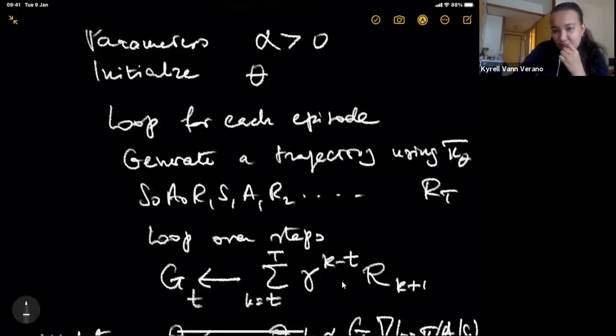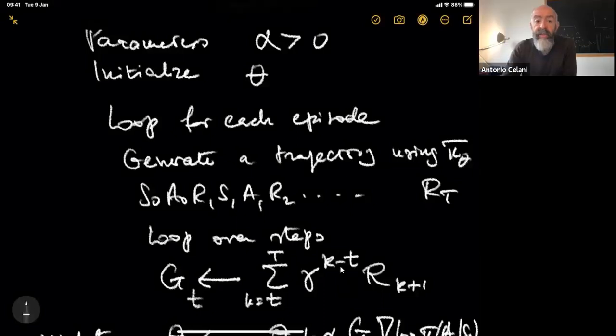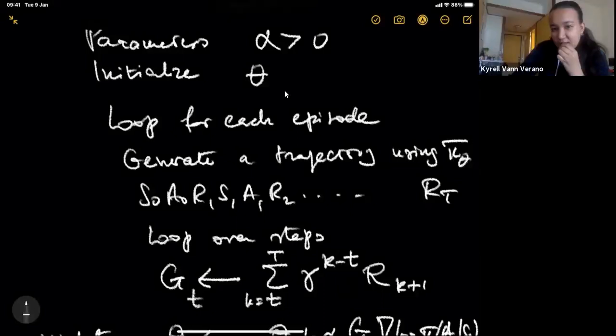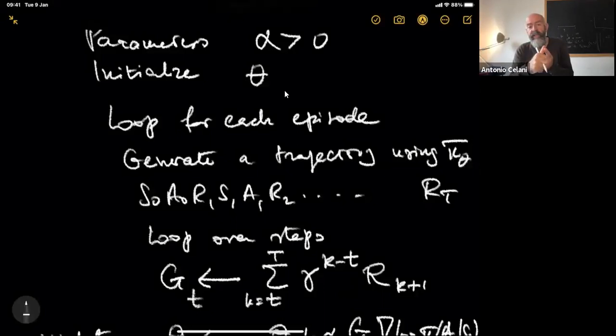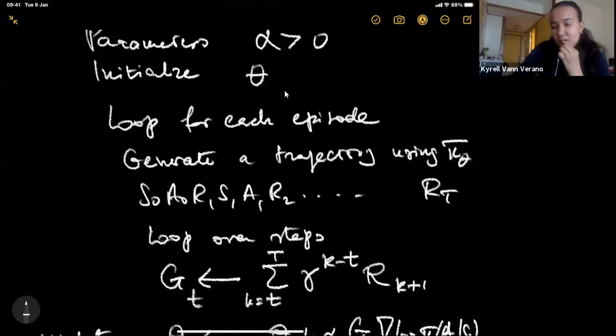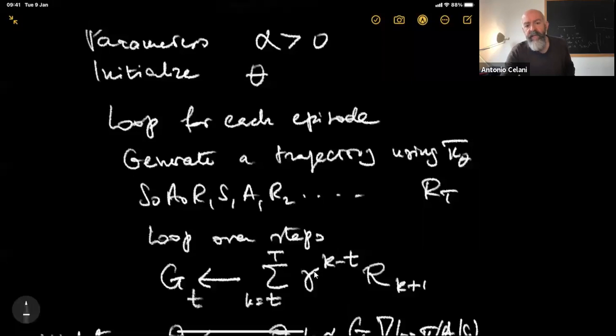So it depends on this pi theta. It depends on the theta. On the pi theta. Yes, it depends on the policy. It depends on the horizon and on the policy itself. But if you go long enough, this sum here will be killed off by these geometrically decreasing factors anyway.